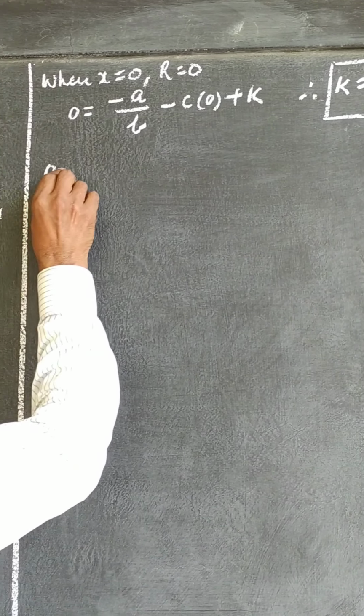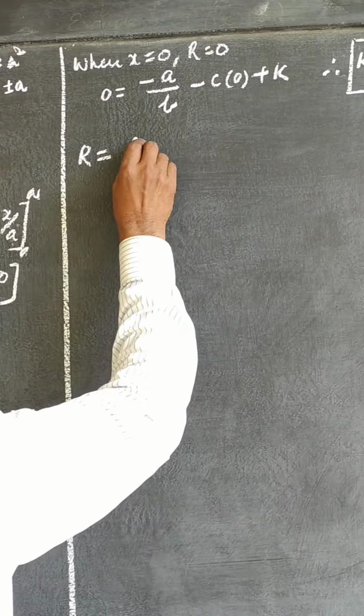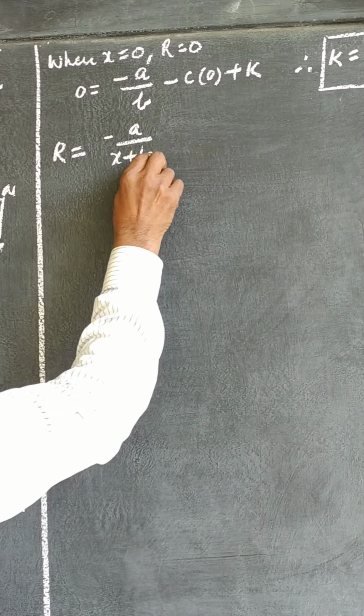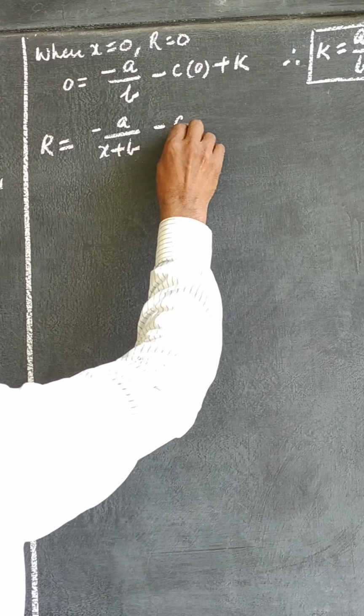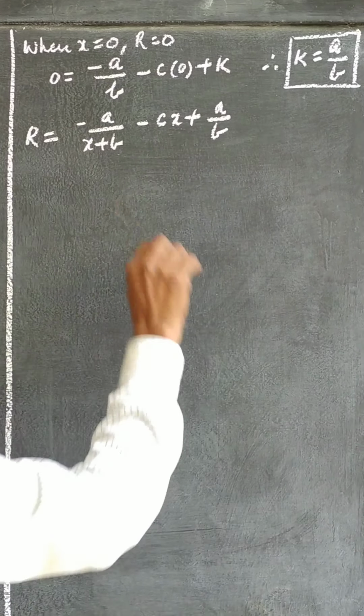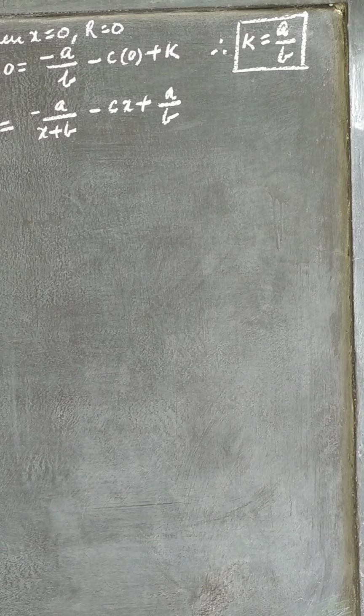R is equal to minus A by (x plus B) minus Cx plus A by B.